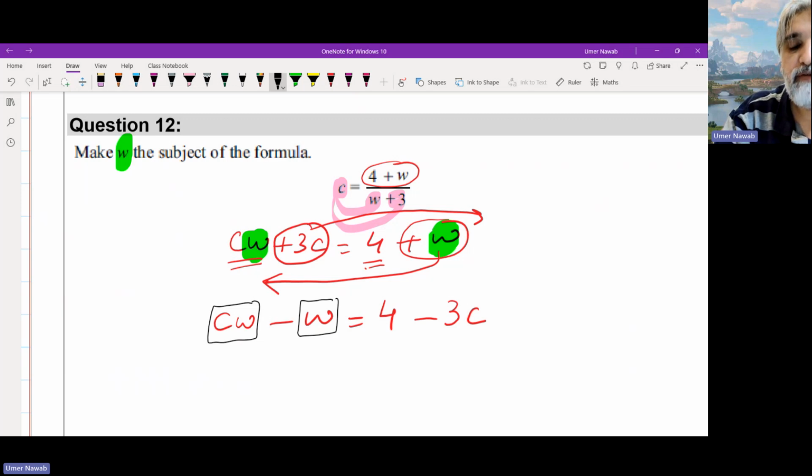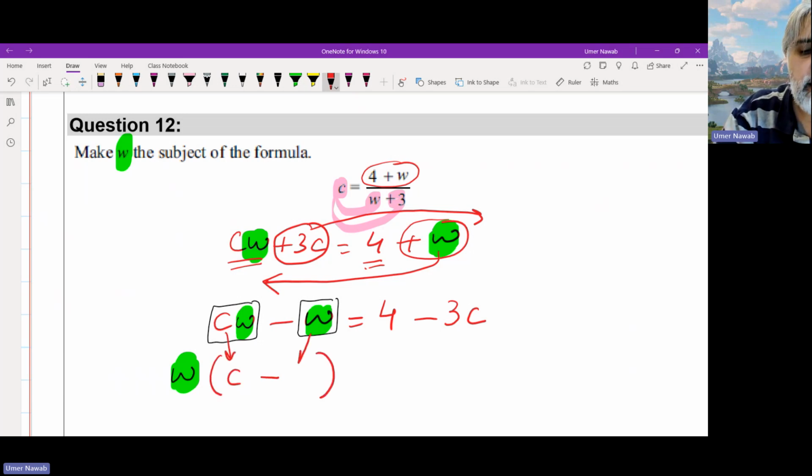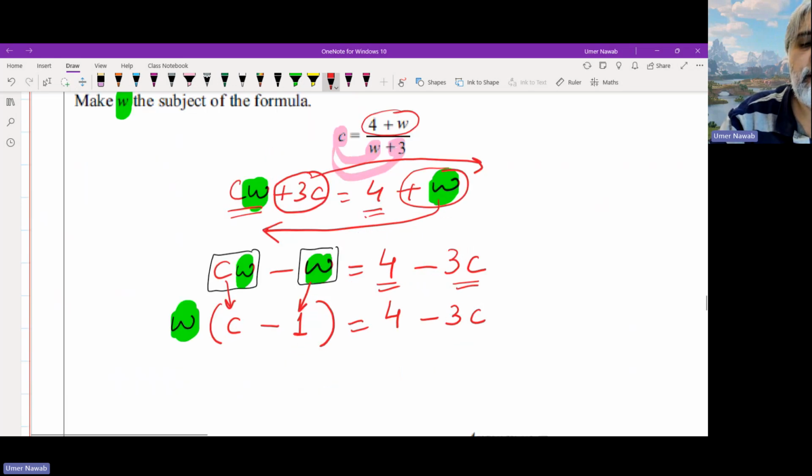Now, since we have two terms on the left and both contain W, I will do the factorization and take the W common. And what would be left within the brackets? I will be left with C. If nothing is there, I will be writing 1, not 0. And then it equals 4 minus 3C. We copy them as it is.